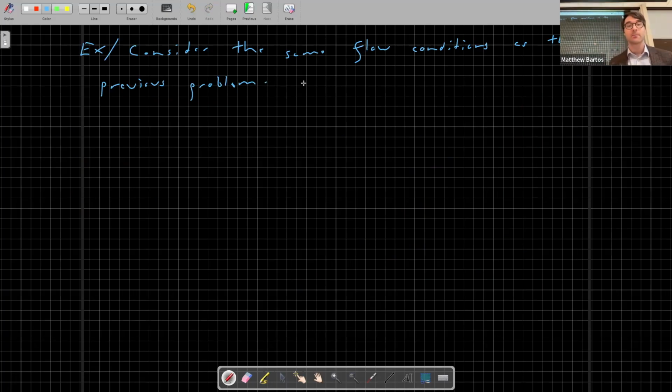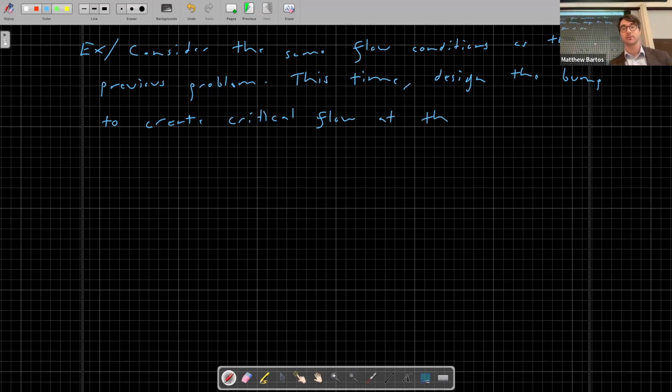And this time, I want you to design the height of the bump. I want you to design the bump to create critical flow at the crest. So in other words, I want you to find delta Z max.